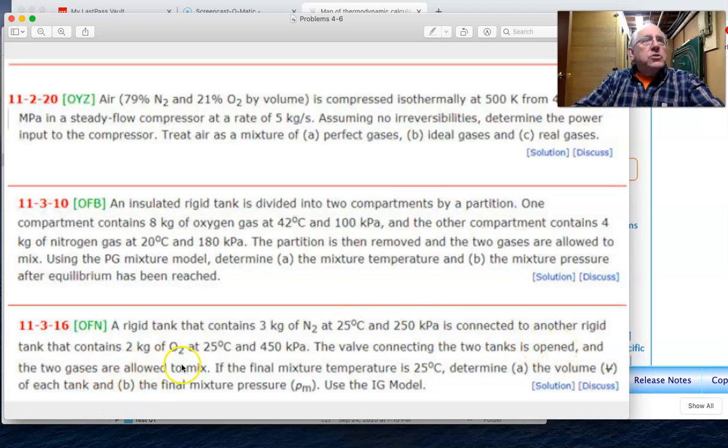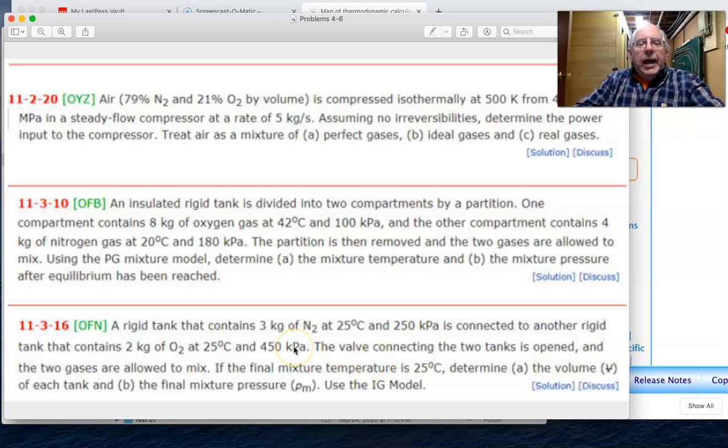The 2 gases are allowed to mix, and we find that the final temperature is 25 degrees Celsius. We want to determine the volume of each of the 2 tanks, and the final mixture pressure using the ideal gas model. So a little bit different problem here.